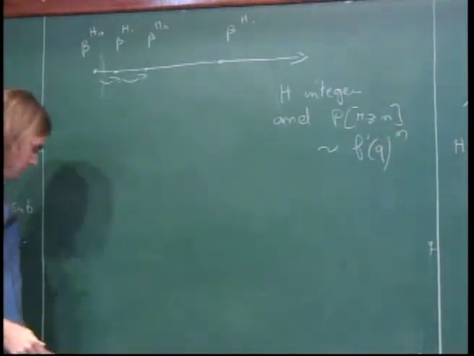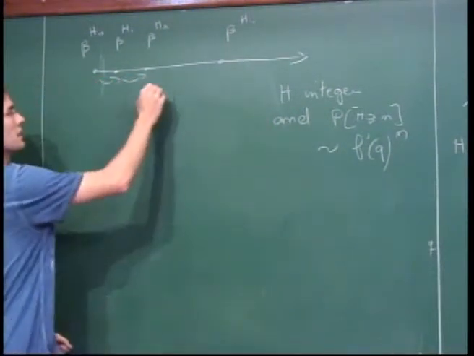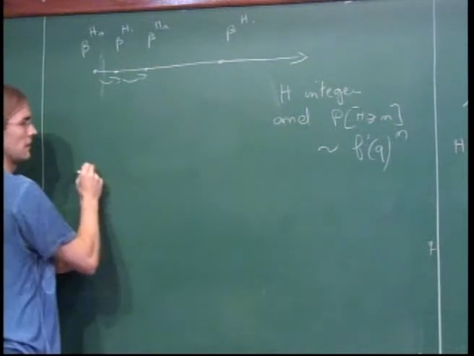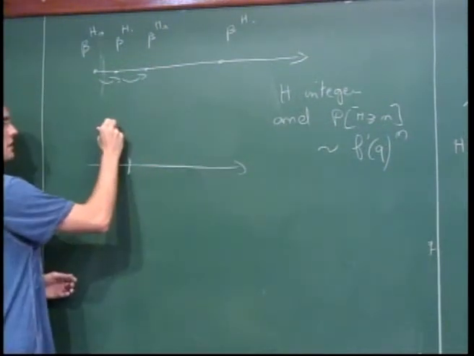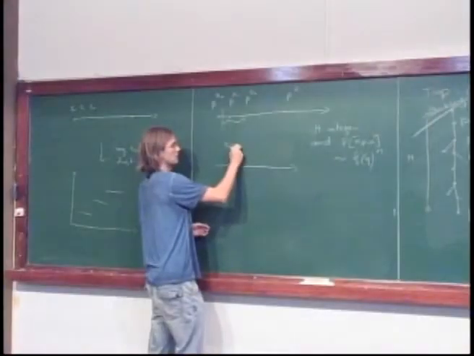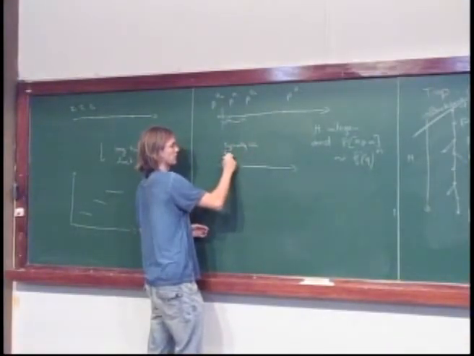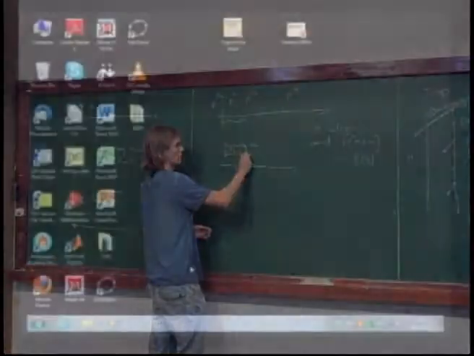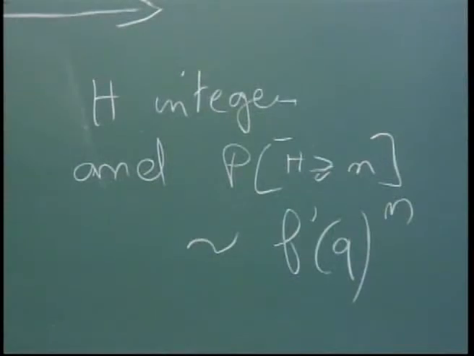So the thing that happens is, there's going to be a time somewhere in this line where I typically see the first trap of height, let's say, h.